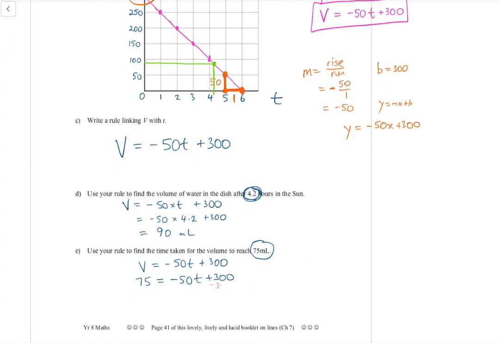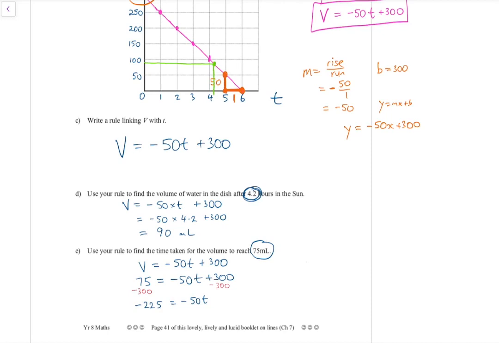So I'm going to minus 300 to both sides. And if I minus 300 to both sides, I'm going to get 75 take away 300 is minus 225 equals minus 50t.